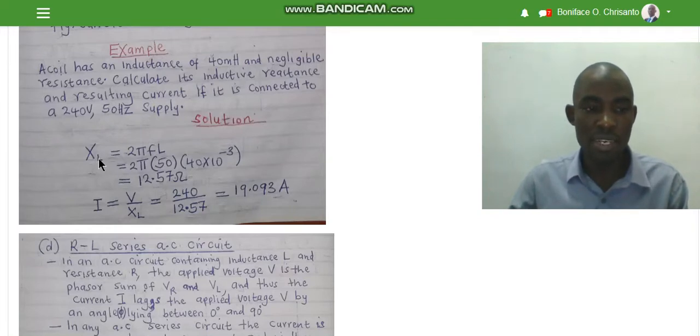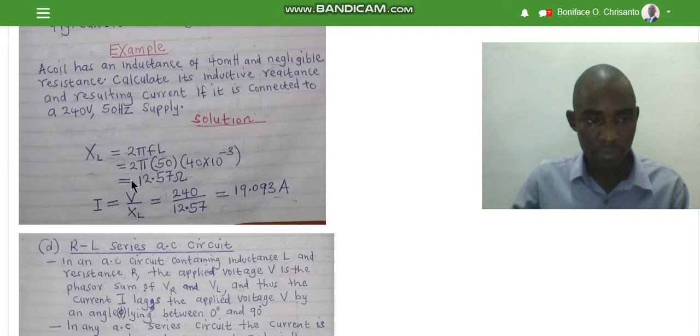So if you put XL, the subscript L says that it is an inductive reactance. If you put C as the subscript, then it will be called capacitive reactance. So the subscript will specify the kind of reactance you are talking about.